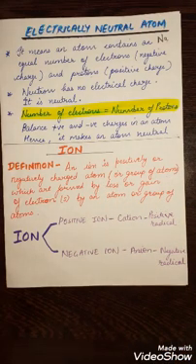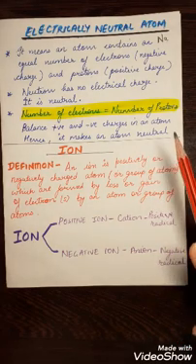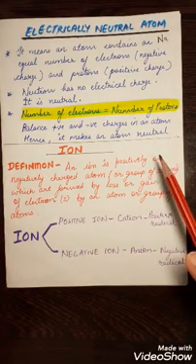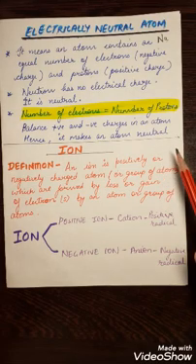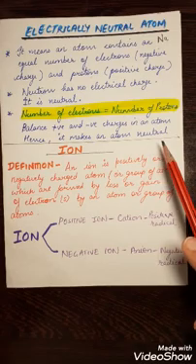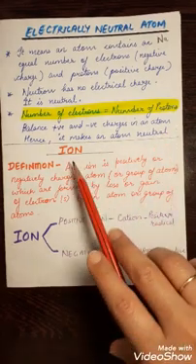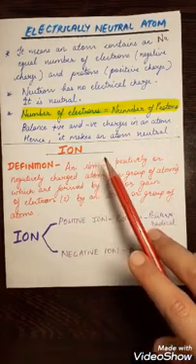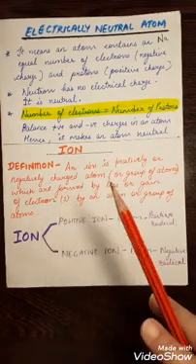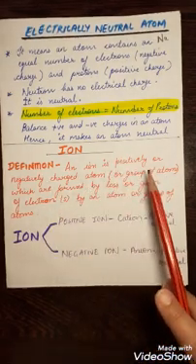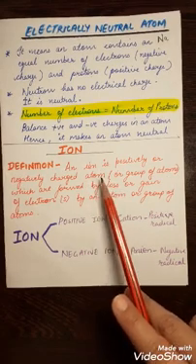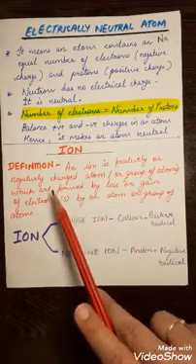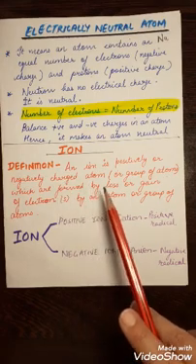It means a neutral atom loses or gains the electrons and becomes stable, and the neutral atom then changes to an ion. So what is an ion? An ion is a positively or a negatively charged atom. Means atom which is carrying either a positive charge on it or a negative charge on it.